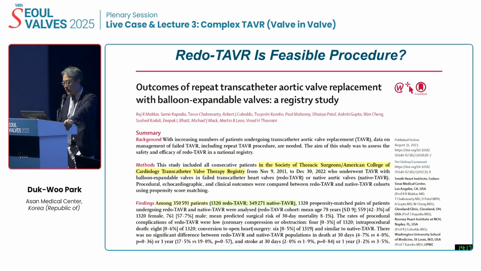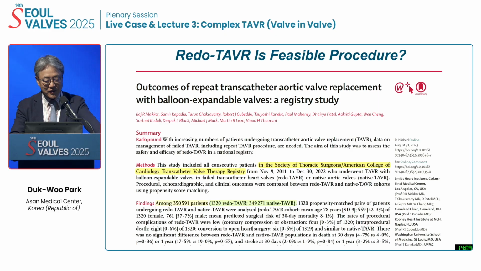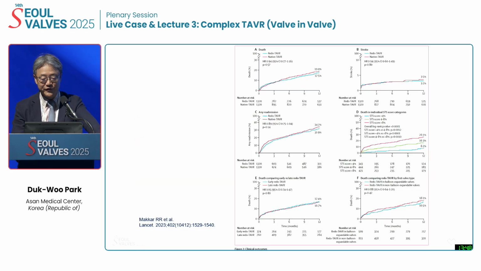There was a practical question, and this is very big real-world data based on the STS/ACC TVT registry. They compared overall 1,020 redo TAVR, where the second valve was a Sapien valve, with 349,000 native TAVR valves, and it was published in the Lancet, showing that redo TAVR is clinically feasible.